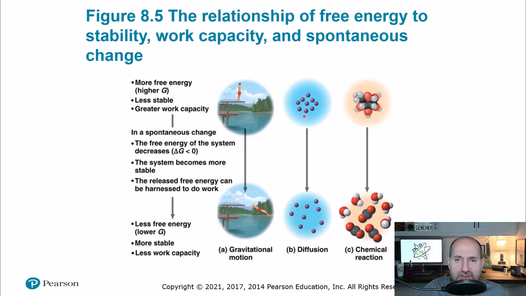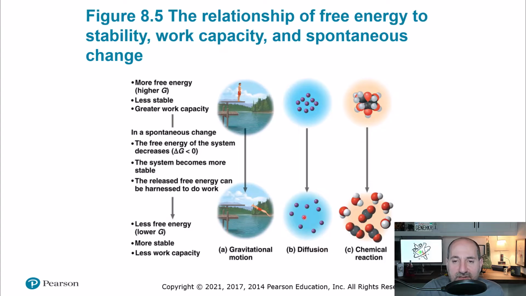Okay, here's another example of high free energy. When these molecules of dye are all close together like this, like let's say I put a drop of dye into a beaker of water. At first, that drop is highly ordered, and that is a high free energy state. There's more free energy. Then, after those drops of dye diffuse across the beaker, they form a low free energy state.